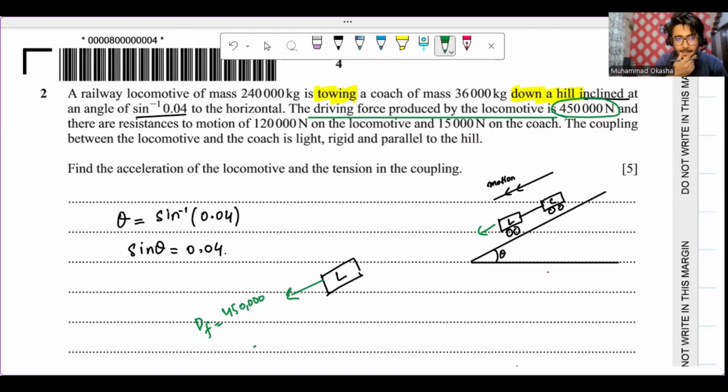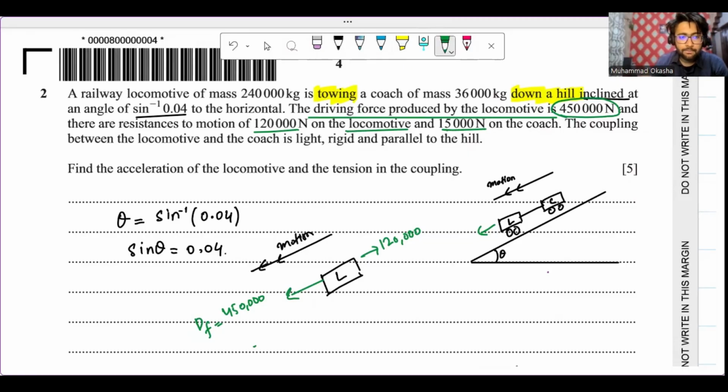And the resistances to motion are 120,000 newtons on the locomotive. So, of course, if the motion is downward, let's say this is the direction of motion, then the friction will be against the motion, right? So that is going to be 120,000 newtons friction. And 15,000 newtons is the friction on the coach.